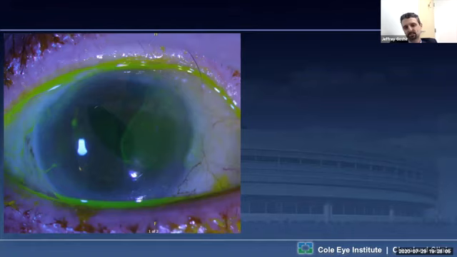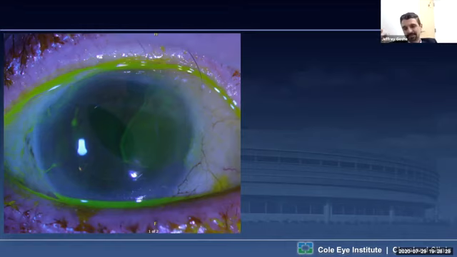They have this sectoral area, and this is a very late staining picture, so this may look like an epithelial defect, which it was believed to be at one point by a referring physician. This is actually all just essentially dysfunctional, irregular epithelial cells arising from the area where presumably there was mitomycin C or surgical trauma that led to that area being so dysfunctional.